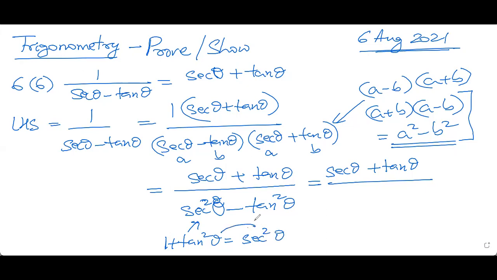That means sec square theta minus tan square theta equals 1. So that's all we will write. Now anything divided by 1 is that anything, and that anything is nothing but our RHS. So we have proved.